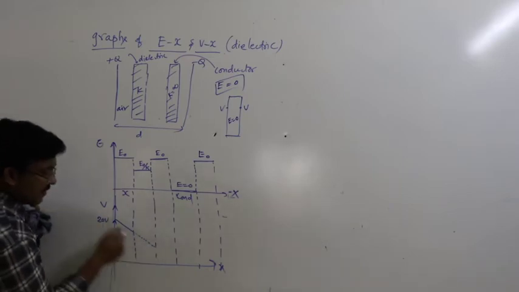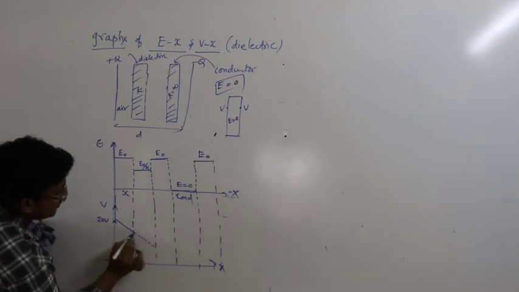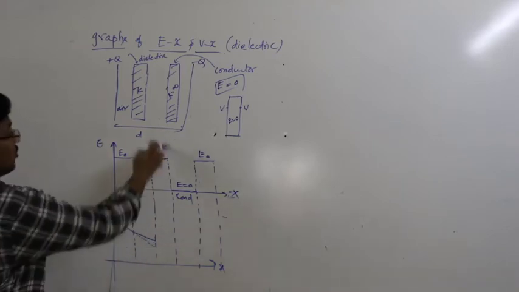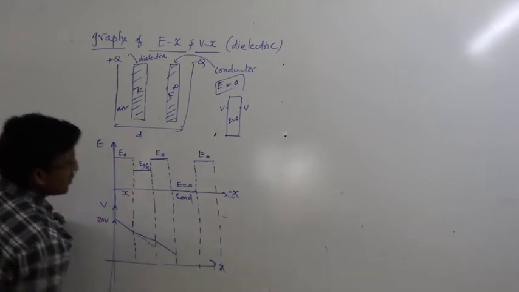If it were entirely air, the potential would drop like this, but now it cannot. So in the dielectric the potential drops very slowly. Next, now you have air, so it again drops very fast.